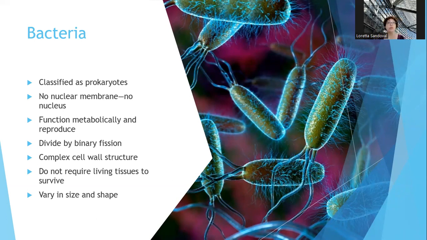So there's no nuclear membrane for a prokaryote, no nucleus. They function metabolically, and they reproduce, usually by binary fission, just dividing in two. Bacteria have a complex cell wall structure, which is an interesting part of their defenses and offenses in the world. Most bacteria are independent. They don't require living tissues to survive, so they're not obligate parasites. They can just hang out on their own, and they vary in size and shape.